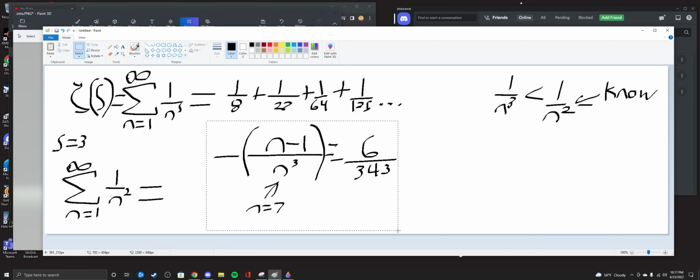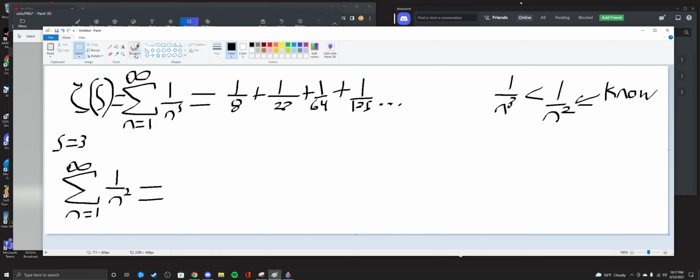So in order to do that, we would write the new sum. So we would have the sum, as n goes from 1 to infinity of negative parentheses n minus 1 over n cubed.